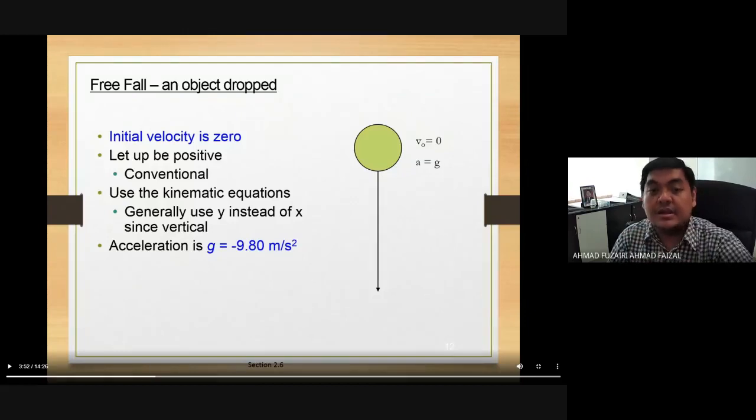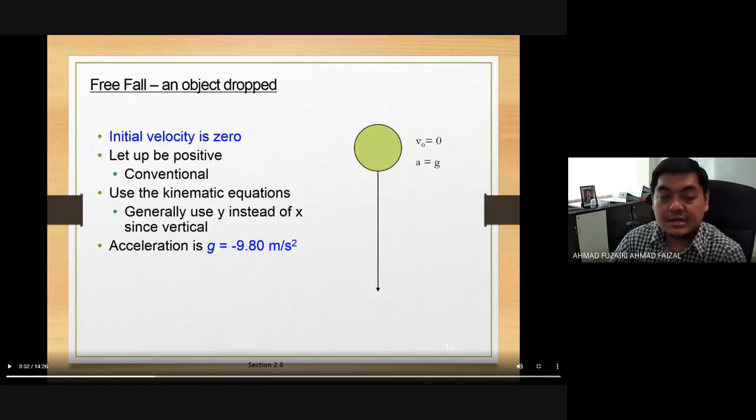So when the object drops straight downward, we can confirm that the object is dropped in the y-axis, only the y-axis, and it doesn't involve the x-axis. That's why in the kinematic motion we can use y instead of x, because there is no distance in the x-axis.